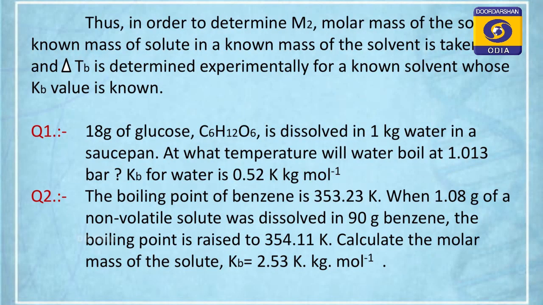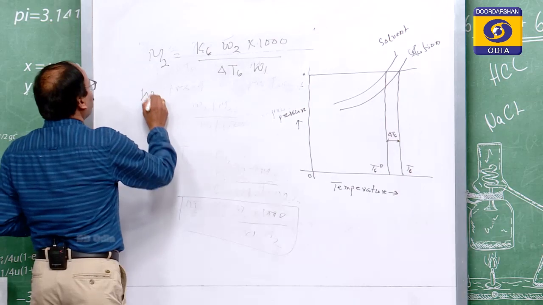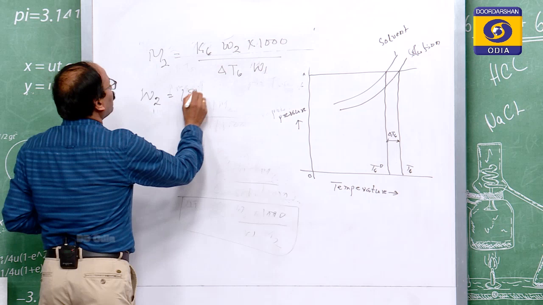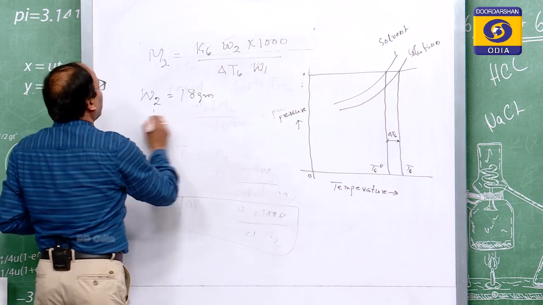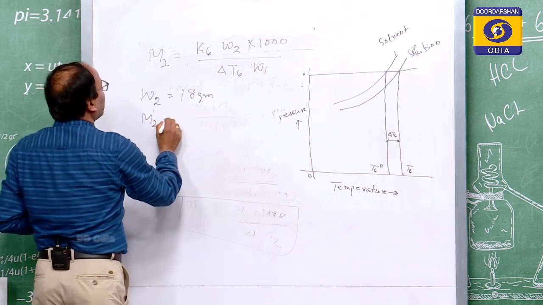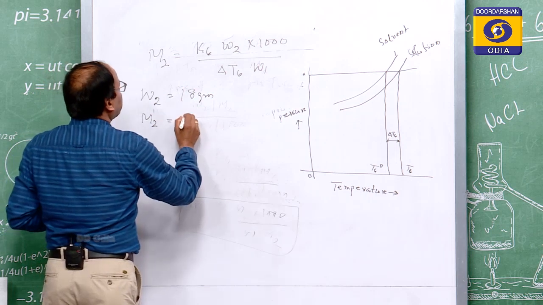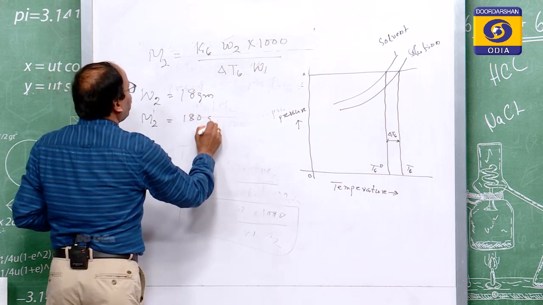Question number 1: 18 gram of glucose is dissolved in 1 kg of water in a saucepan. What is the data given? W2 is 18 gram of glucose, and the molecular mass of glucose, C6H12O6, is 180 gram.